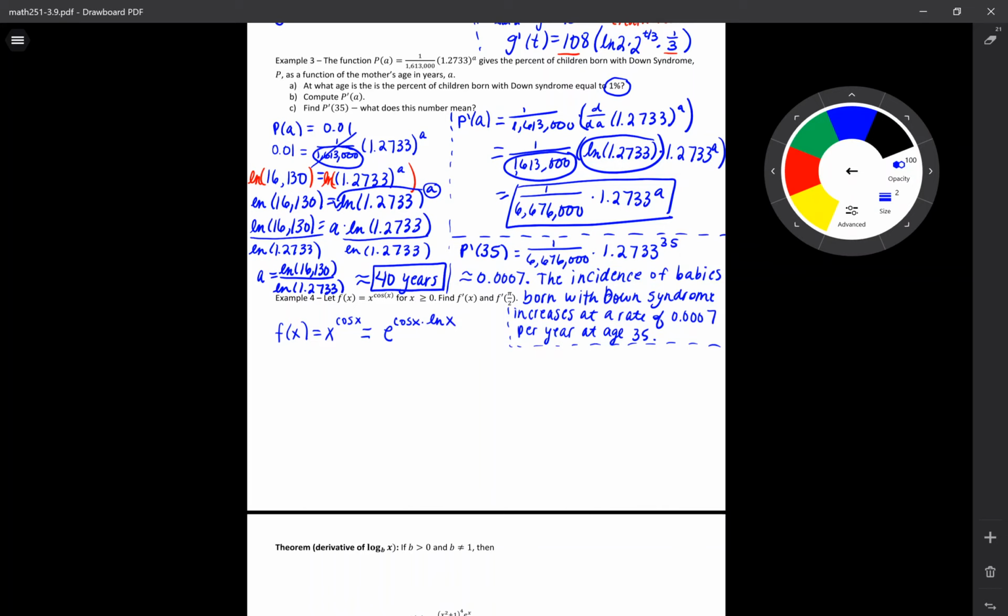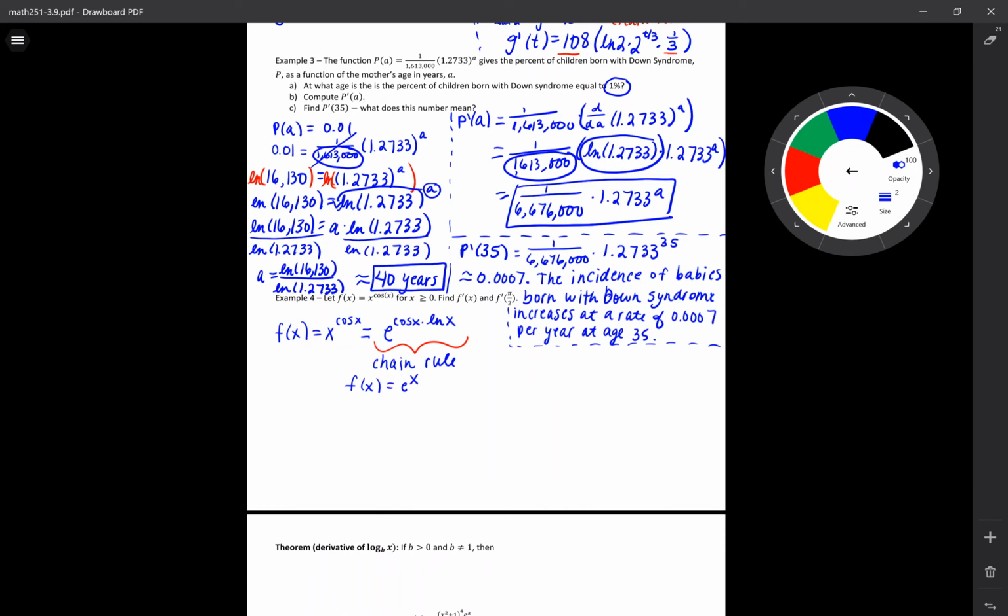So here I have a composition of a function, right? I have e to the power of cosine x times natural log of x. This is the chain rule, right? In order to find the derivative of this, I'm going to have to use the chain rule. So my outer function is equal to e to the power of x.